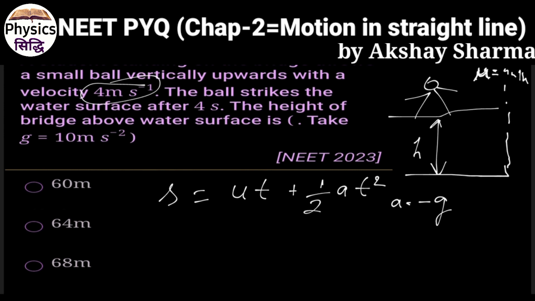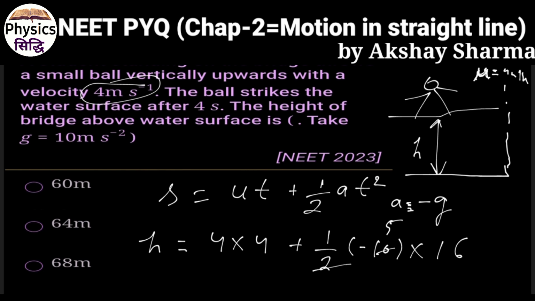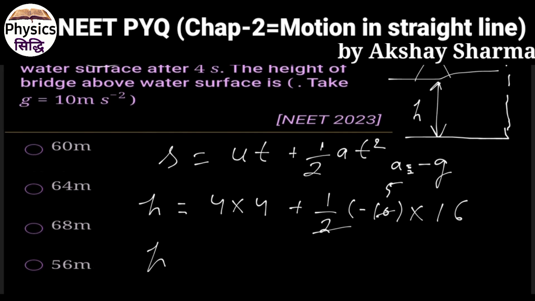It means a equals minus g, the free fall condition. And s is h, equals u, which is 4, into time 4 seconds, plus half minus g, it means minus 10, into 4 square, which is 16. So h equals 16 minus 80, and it becomes minus 64 meter.